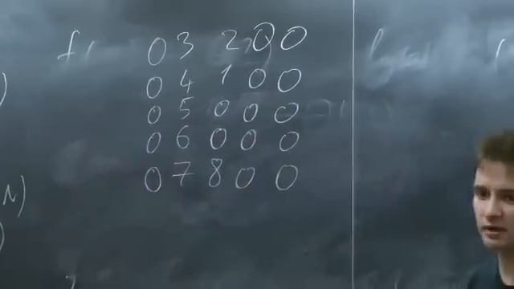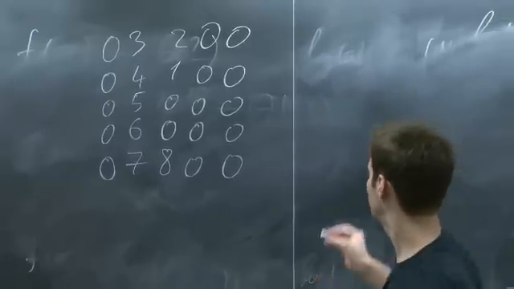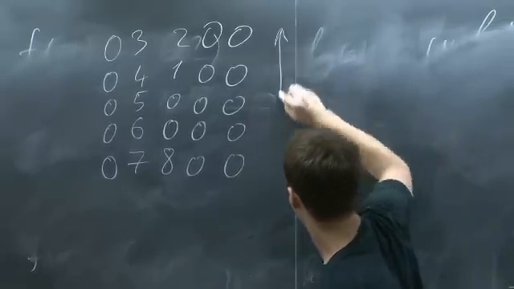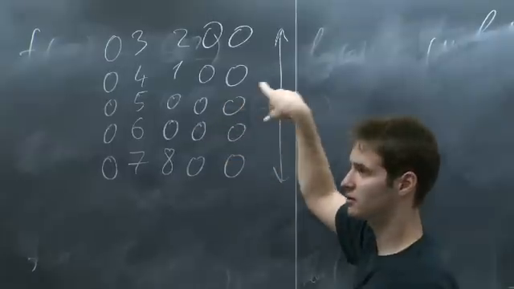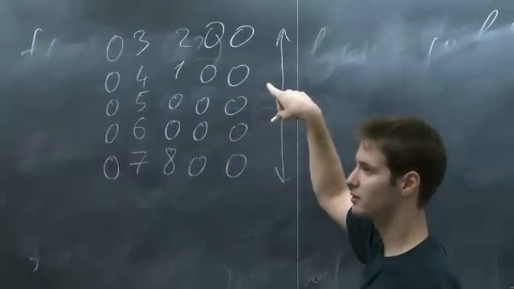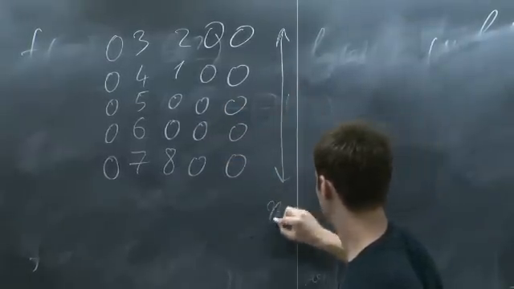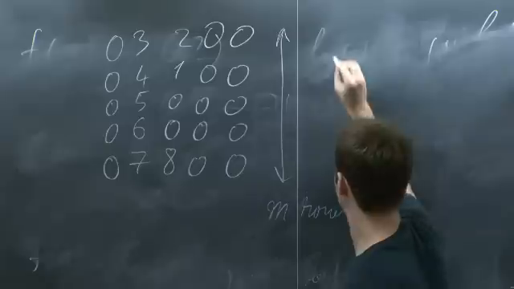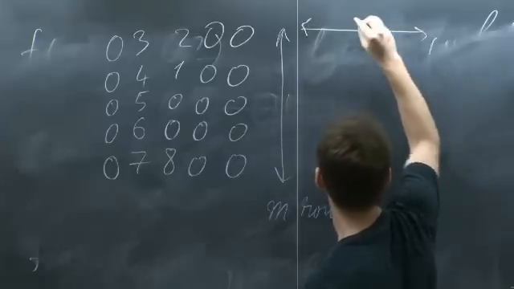So suppose this is our matrix, and suppose these are the rows. Suppose we have m rows and n columns.